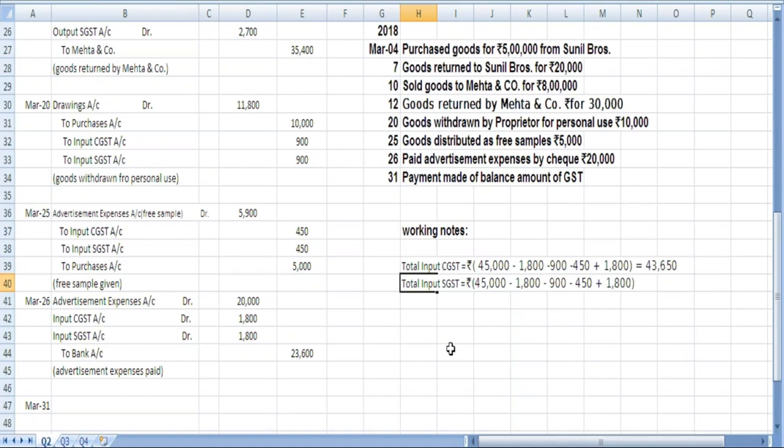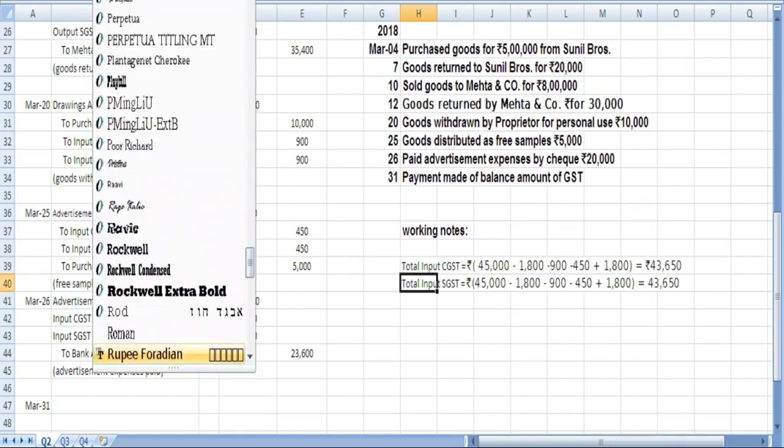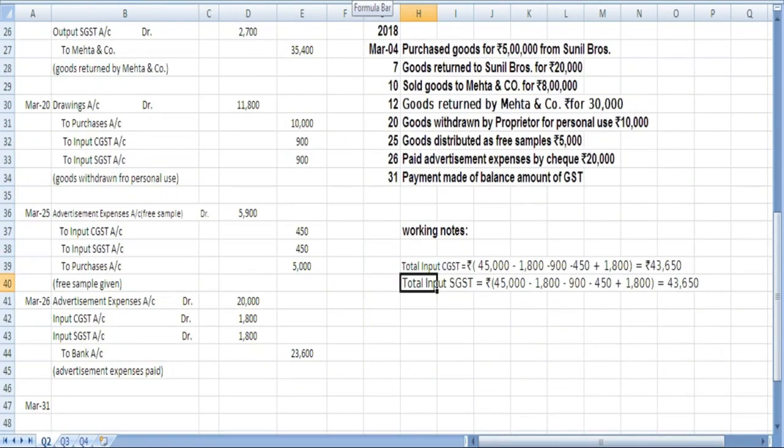So this will come to 43,650. We'll write rupees in front of this. So here we have got 43,650.